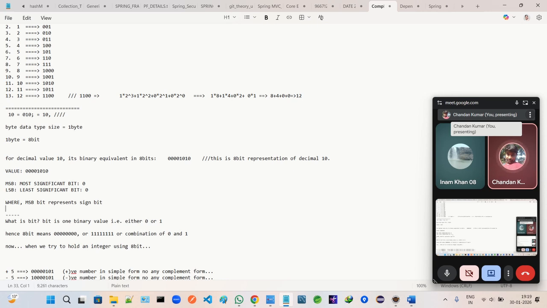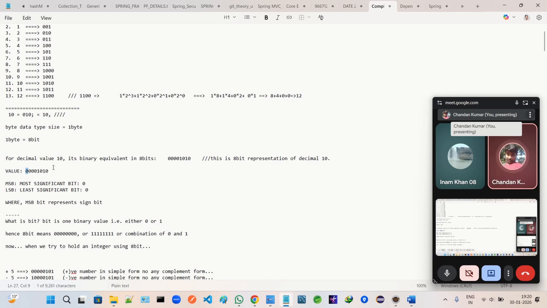And one bit can have two values, either 0 or 1. This one is the most significant bit, and at this place it can have either 1 or 0, right? And this most significant bit alone is responsible for indicating whether the binary value is positive or negative.